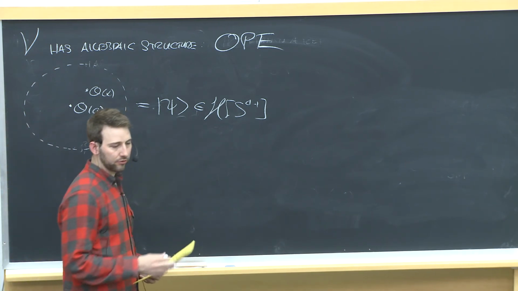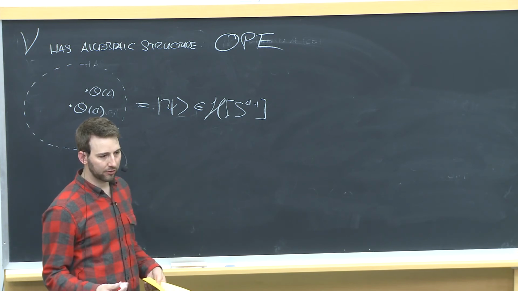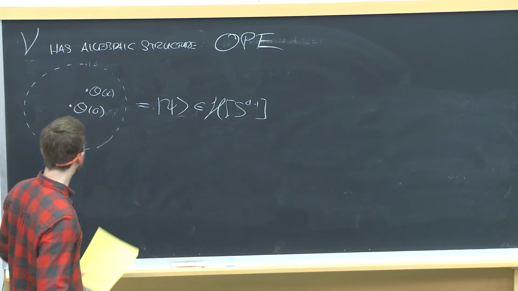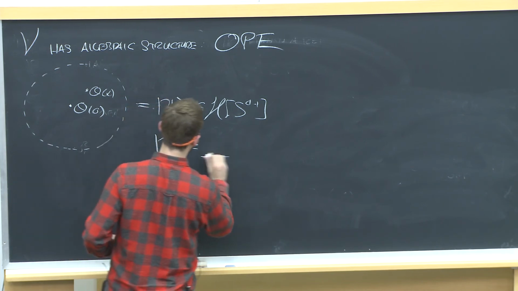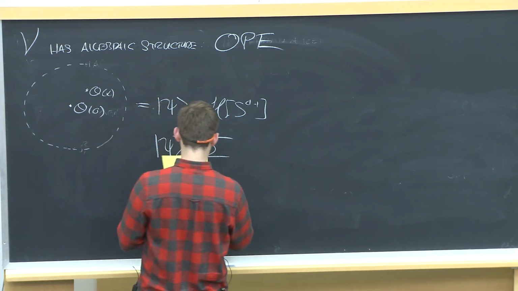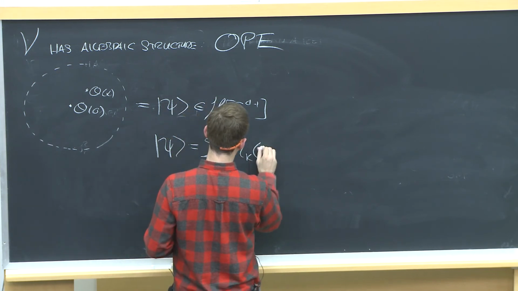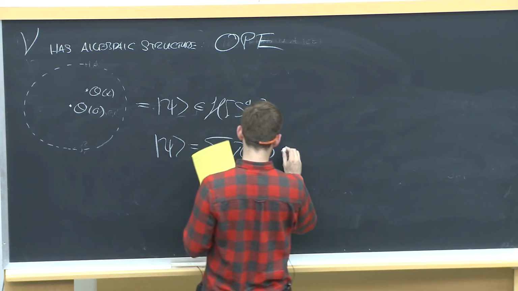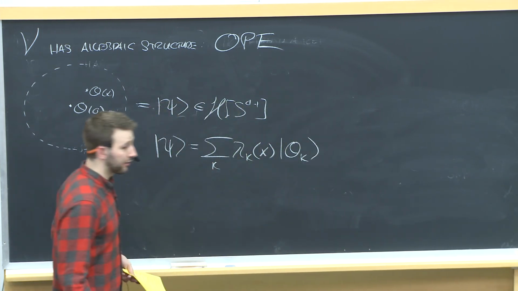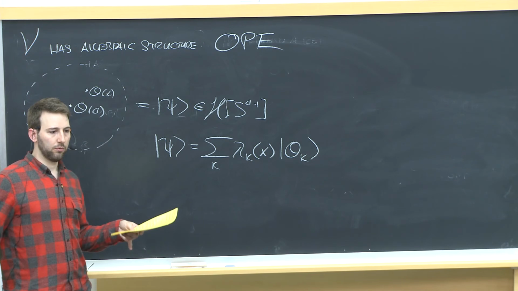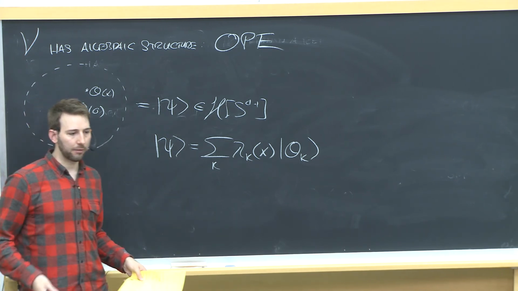And now I just do what I was doing before with individual operators when I was arguing that there was an operator state correspondence. So now these multiple operators give me a state that can still be expanded with some coefficients that can depend on the position in terms of eigenstates of the dilatation operator, which we argued before can be shrunk down to find individual operators that I could insert.